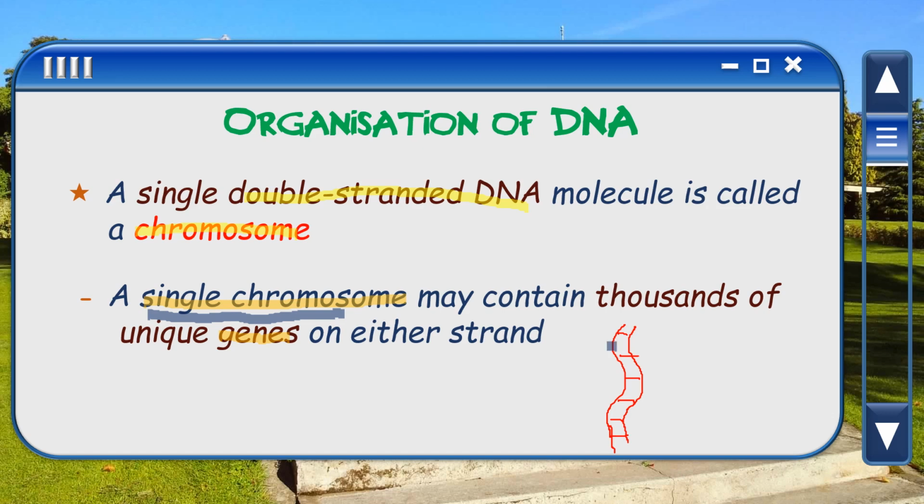It may have very many genes on each strand, and each strand has unique and different genes. It is a single chromosome, but made up of double strands, and it contains thousands of unique genes on either strand.